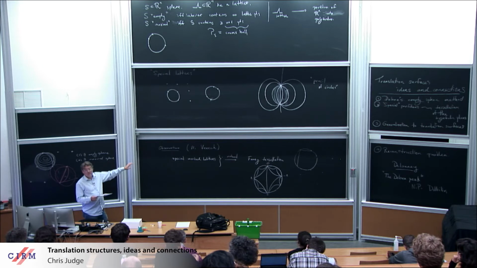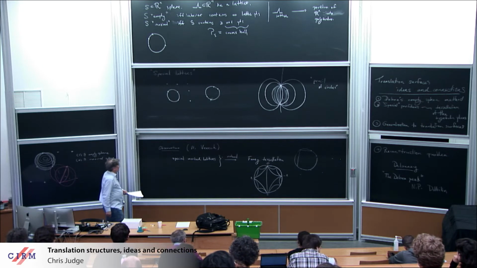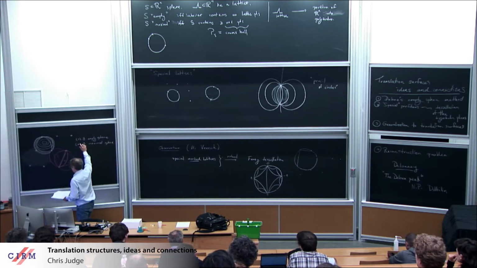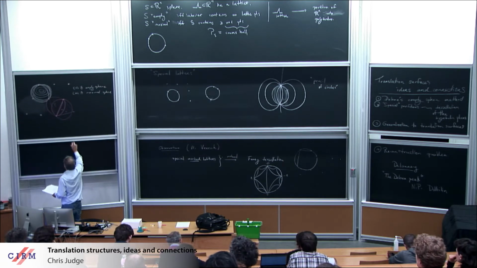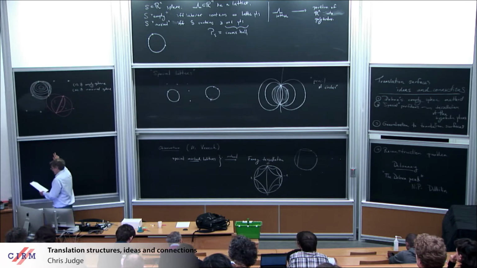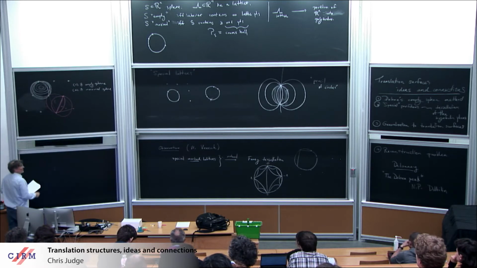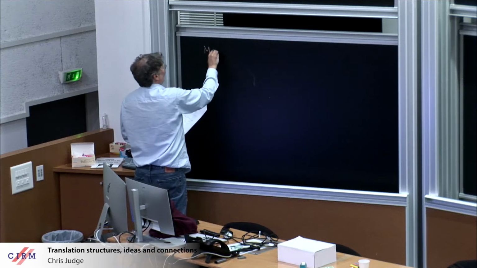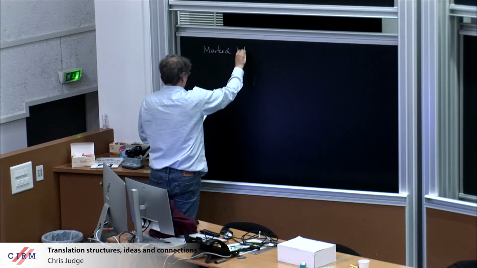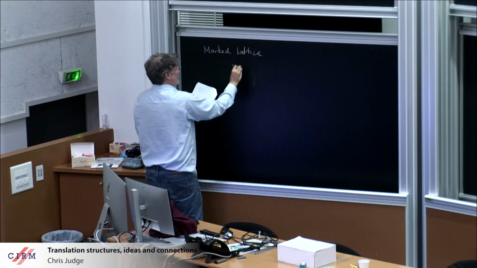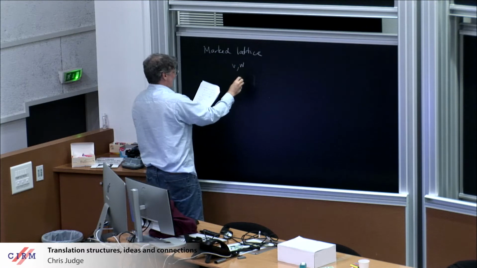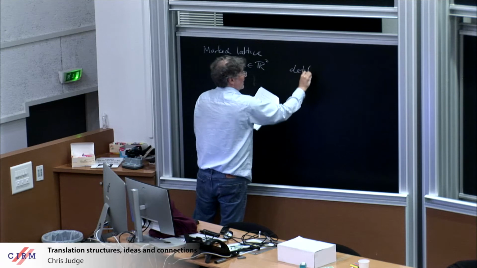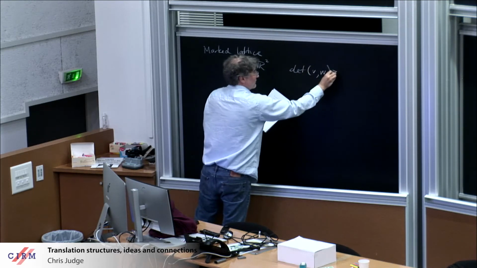And so I need to explain, what do I mean by the natural map? And what do I mean by marked? So marked lattices: we're going to take a v and a w inside R^2, and I want the determinant of (v, w), thinking of these as column vectors, to be positive.